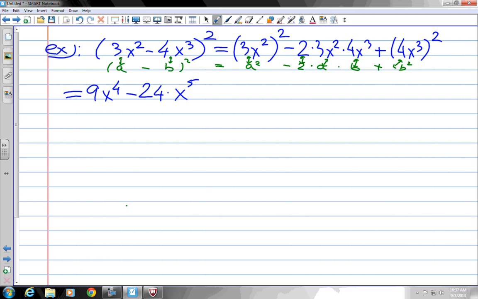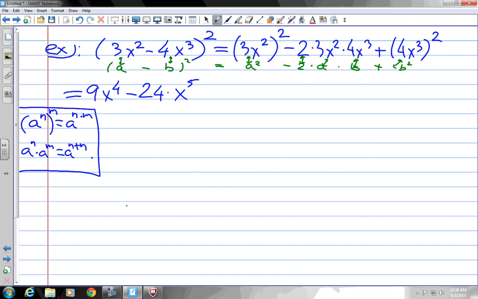When you multiply the same base, you add exponents. When you raise a power to a power, you multiply exponents, right? So in this case we multiply exponents, and in this case we add exponents. These are our rules of exponents.